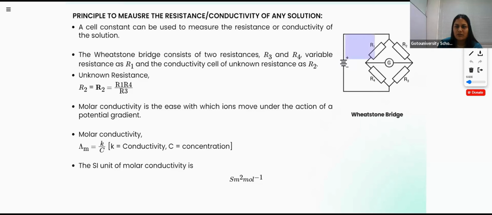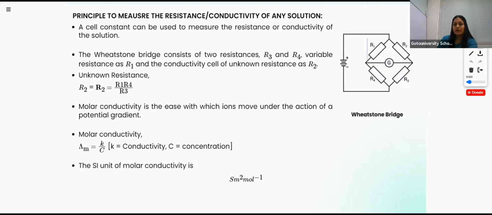When the current starts flowing through these resistances, we face two issues: we cannot connect the solution using metallic wires, which is why we introduced the conductivity cell.